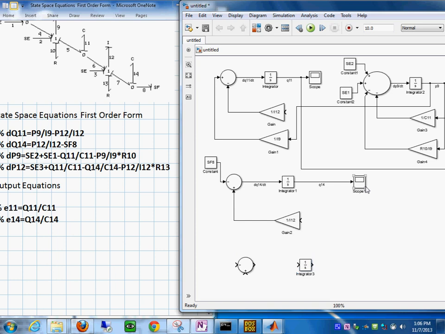I need this one also. Put it over here. How many gains do we need? We have a source here. 1, 2, 3. 3 gains are necessary for this one. Make a little space so that things are efficient in here.